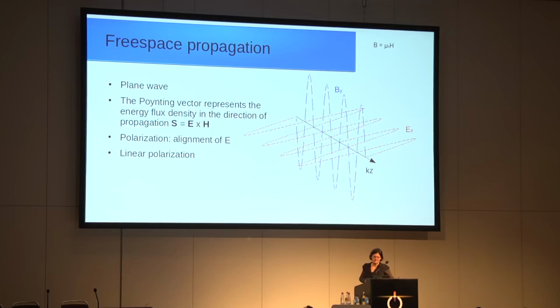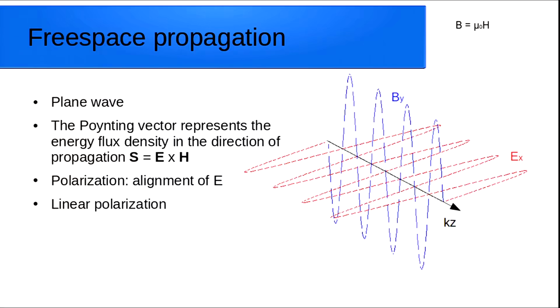And such a plane wave always has a Poynting vector. The S here, the Poynting vector, represents the energy flux density of this wave, and is also in the direction of propagation, which is always orthogonal to the two fields, to the E and the B field.